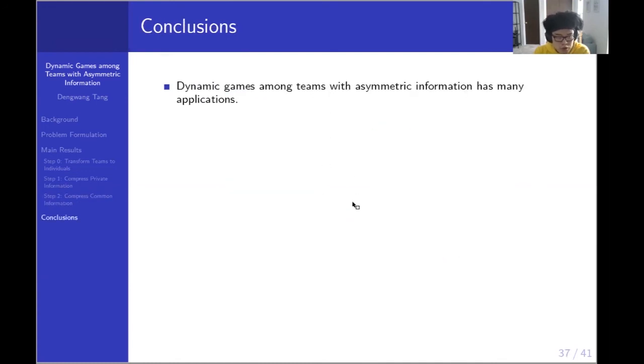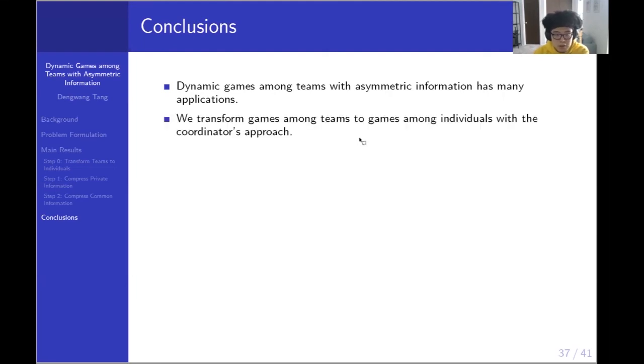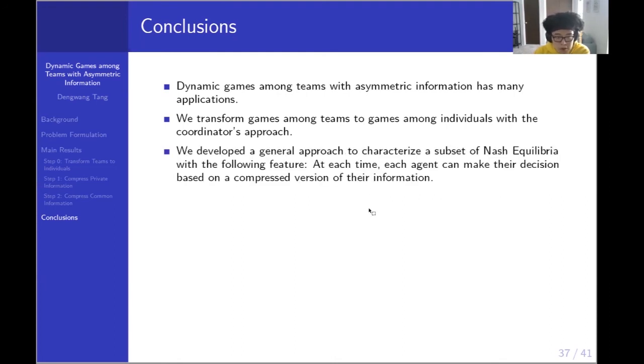And let me conclude. I'm pretty much on time. So let me conclude. So dynamic games among teams with asymmetric information has many applications. And we transform games among teams to game of individuals with the coordinators approach. We develop a general approach to characterize a subset of Nash equilibria with the following feature. That is, at each time, each agent can make their decision based on compressed version of their information.